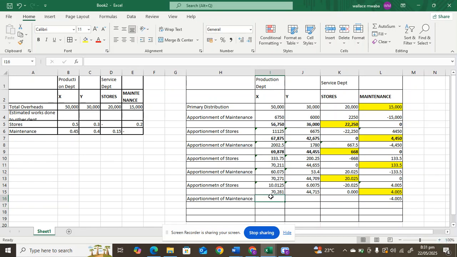Okay, so department X gets 45%. This amount from maintenance, you get 1.8. Department Y gets 0.4. Then stores gets 15%.